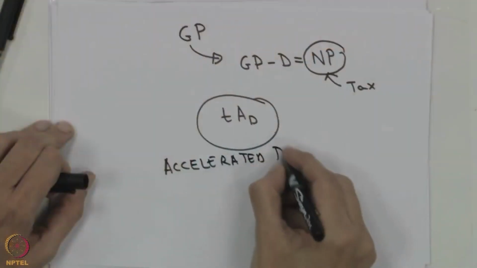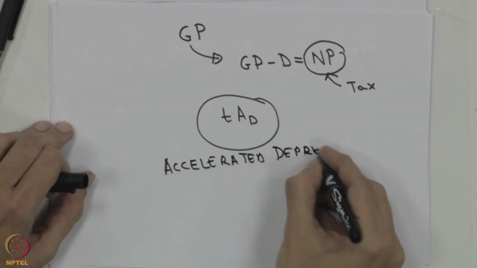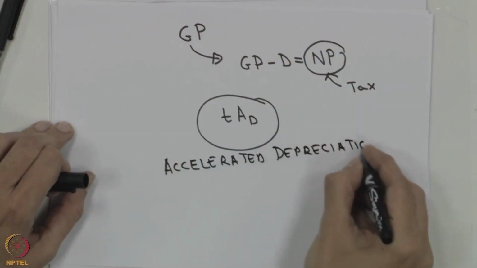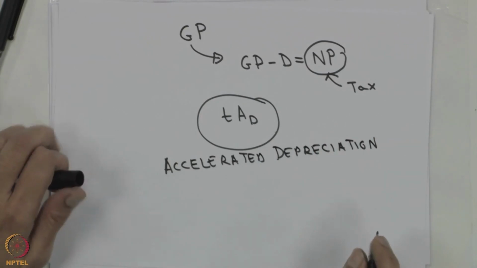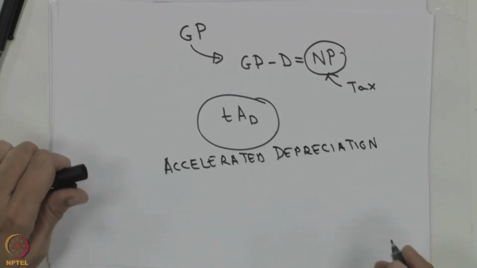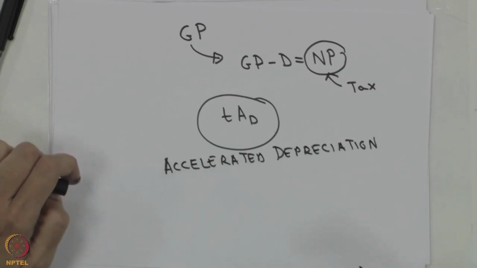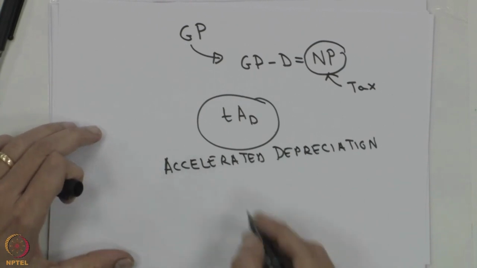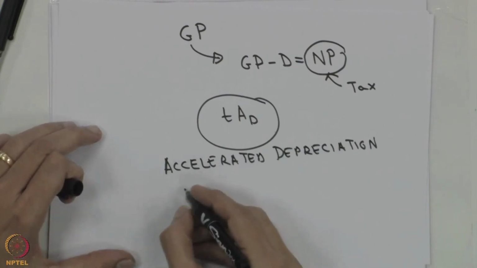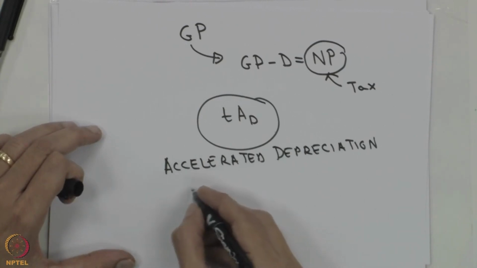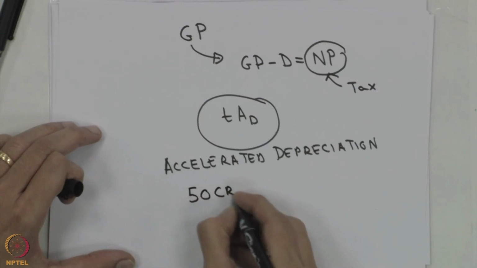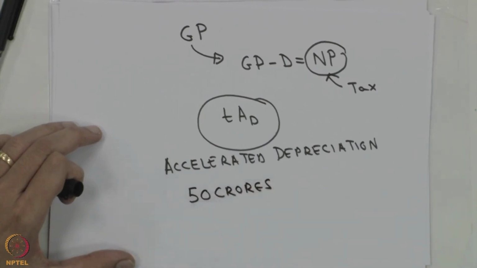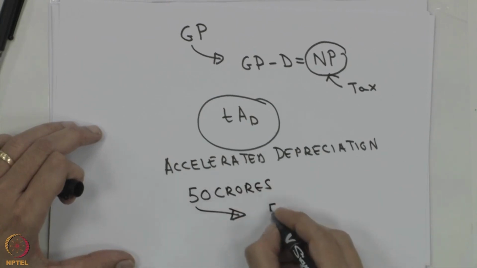Accelerated depreciation. For instance, until some time back, we had 100% depreciation for some renewable energy equipment like wind farms. So, for instance, if a company has made an investment of 50 crores in a wind farm, in the first year itself it was allowed to depreciate this 50 crores.